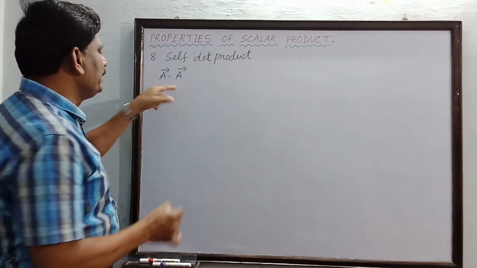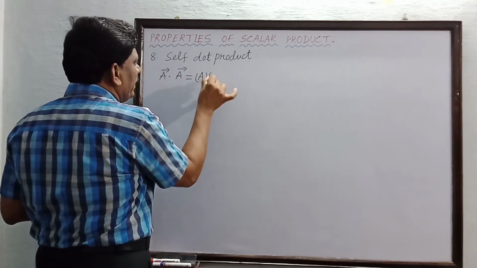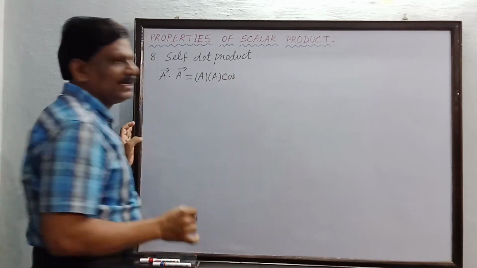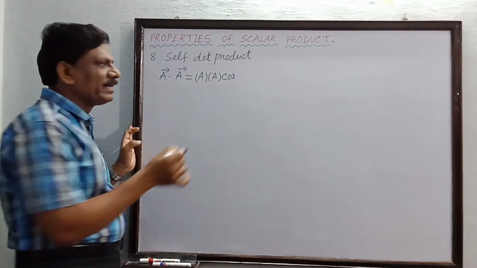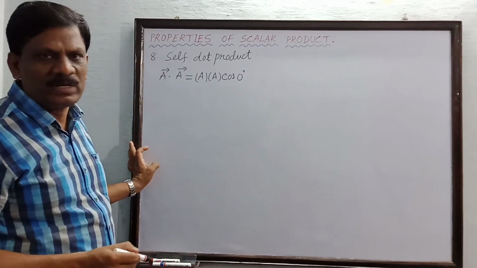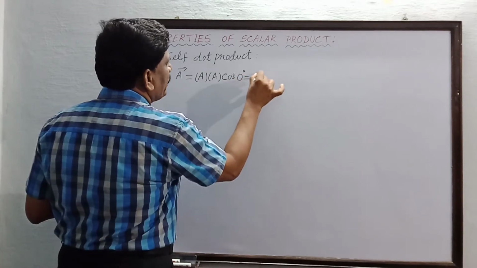So A dot A must be equal to A into cos of, what is the angle between the given vector and the same vector? It must be equal to cos of 0. Cos 0 is equal to 1, is it not? Therefore, this must be equal to A square.